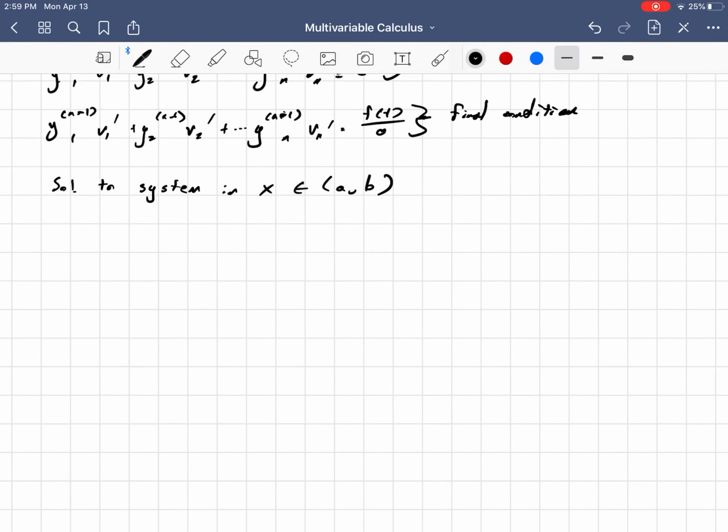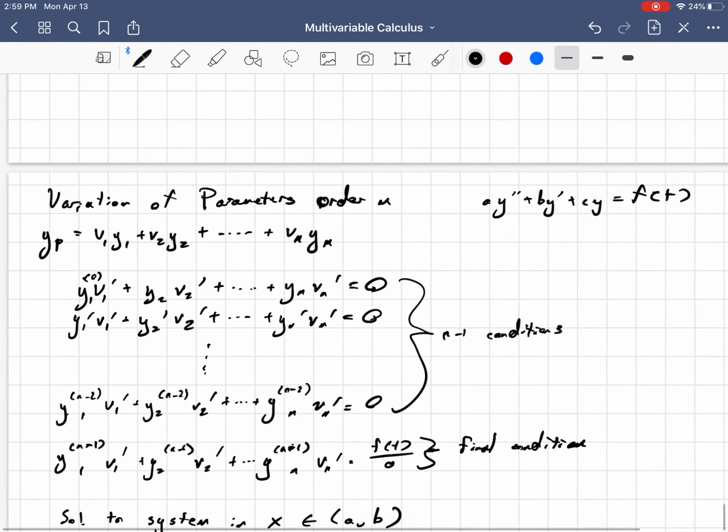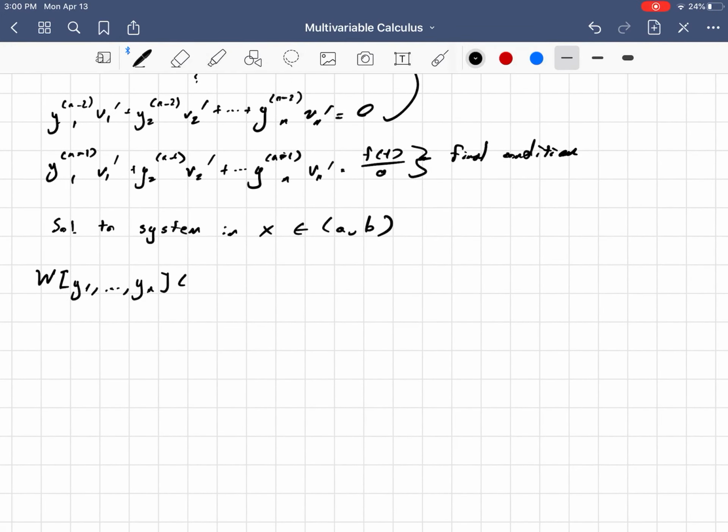All n of the building blocks, y sub 1, y sub 2, all of those need to be linearly independent of one another. So what we're claiming is that the Wronskian of y sub 1 up to y sub n, as functions of t, is not 0 for all t on the interval a to b.